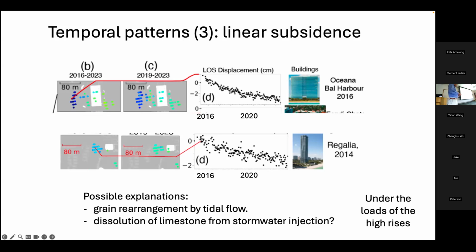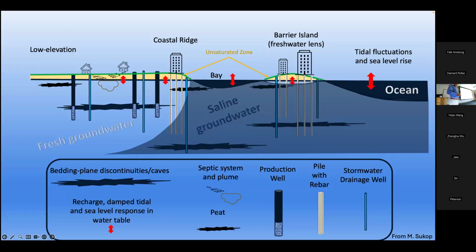Another possible explanation is the dissolution of limestone from stormwater injection. So what they do, if you look in Miami Beach, we're having the barrier island, we're having the bay here. There's salt water.